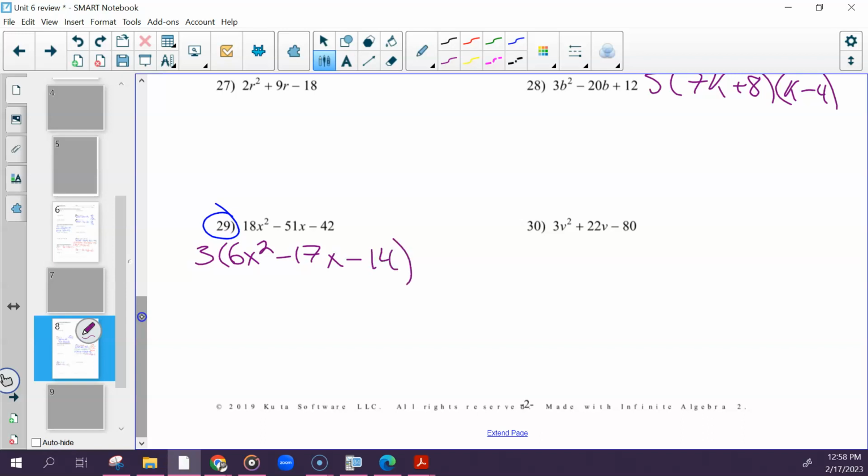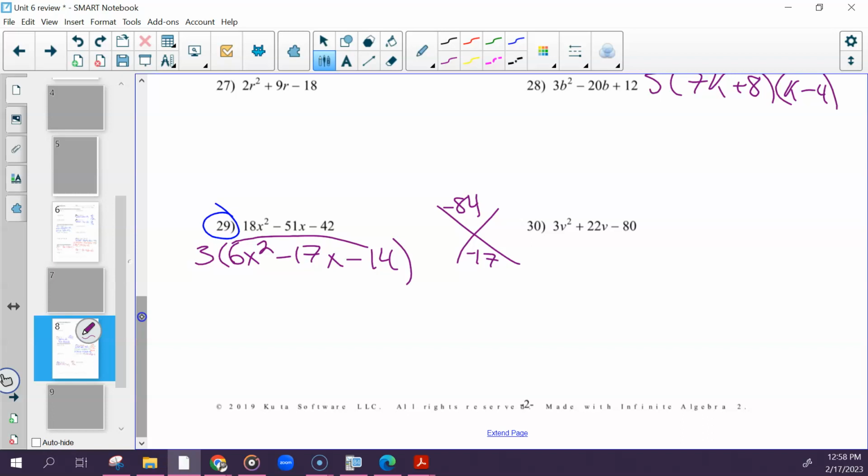And then same thing, multiply 6 and negative 14. The two numbers that multiply to be negative 84 and add to be negative 17.